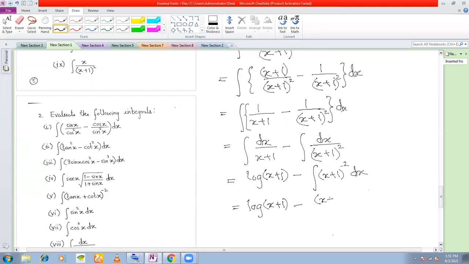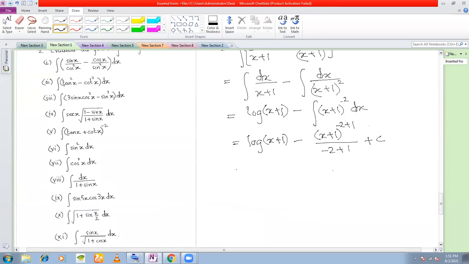So you get x to the power of n plus 1 by n plus 1 divided by the derivative of x plus 1, which is simply 1. So you get log x plus 1 minus, and this minus and minus sign combined to become a plus. So you get x plus 1 to the power of minus 1 plus c. And finally, you can write this as log x plus 1 plus 1 by x plus 1 plus c. Any question?